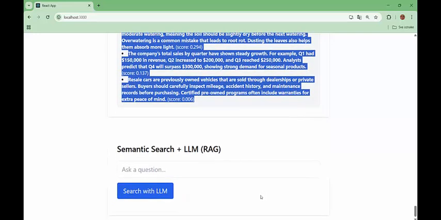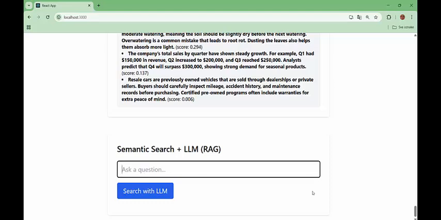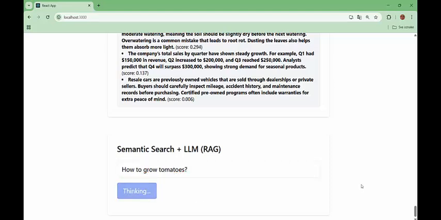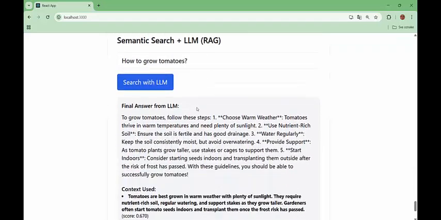Okay, now look here, I can again ask: search with LLM. What we have here, when finished thinking, is search with LLM.